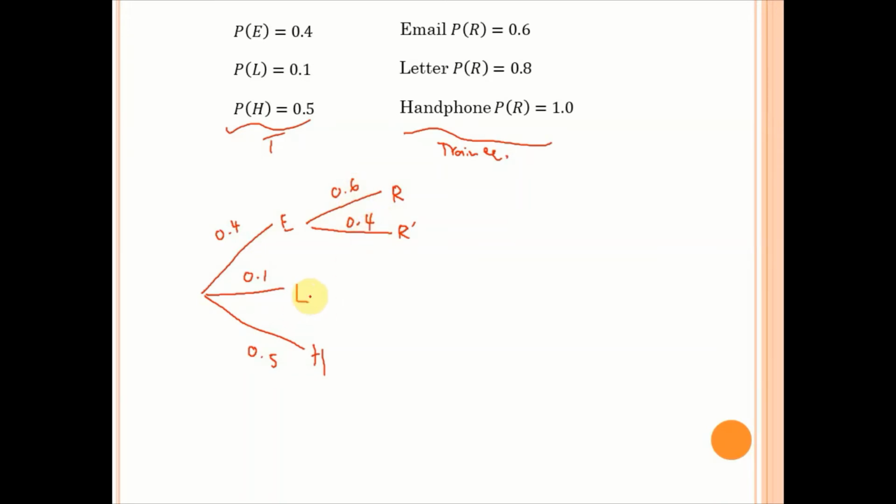Guna letter, probability untuk receive adalah 0.8, therefore not receive would be 0.2. Handphone, probability untuk receive is 1, therefore not receive is 0. So this is what we call a tree diagram. You see that semua ni must add up to 1.